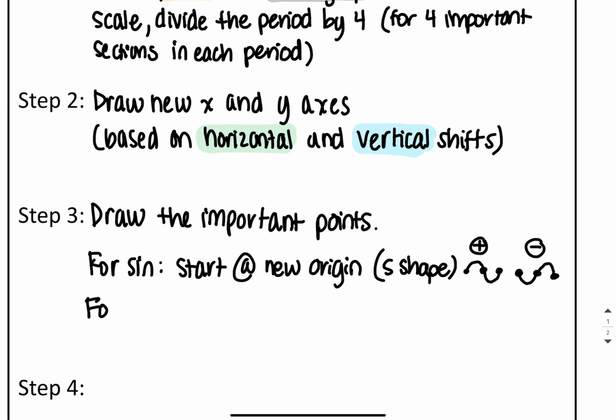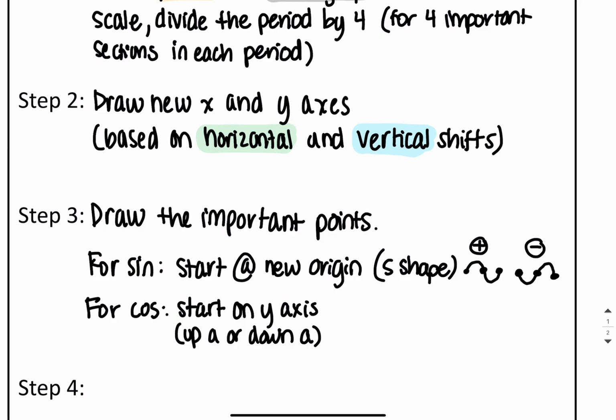For cosine, I'm going to start on the y-axis, up A or down A, depending on if I'm starting at the maximum or the minimum. And it's going to be a C shape that I see repeating.